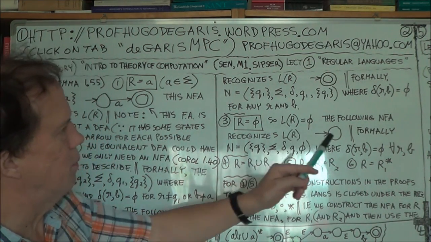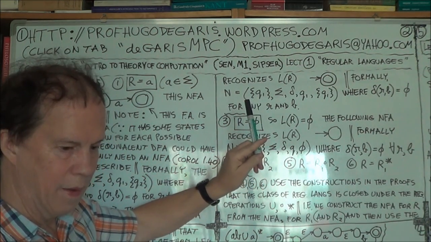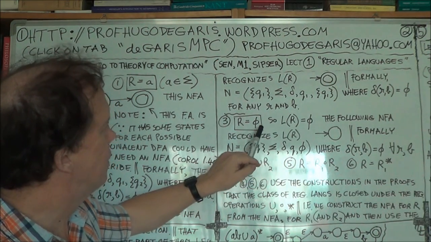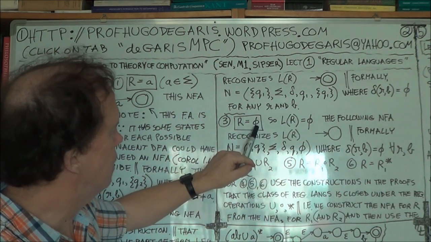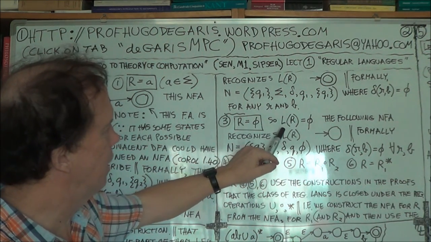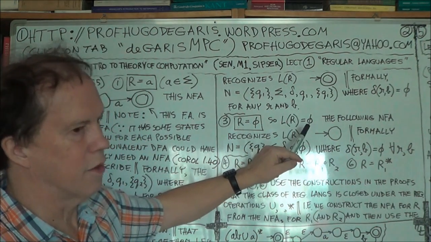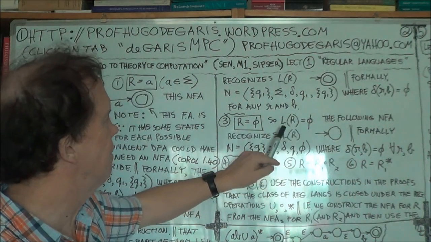That was a bit subtle from a previous board. And why does that make sense? So if your regular expression is the null set, the language it describes will be the null set. Does that seem intuitively obvious? I guess. Right.